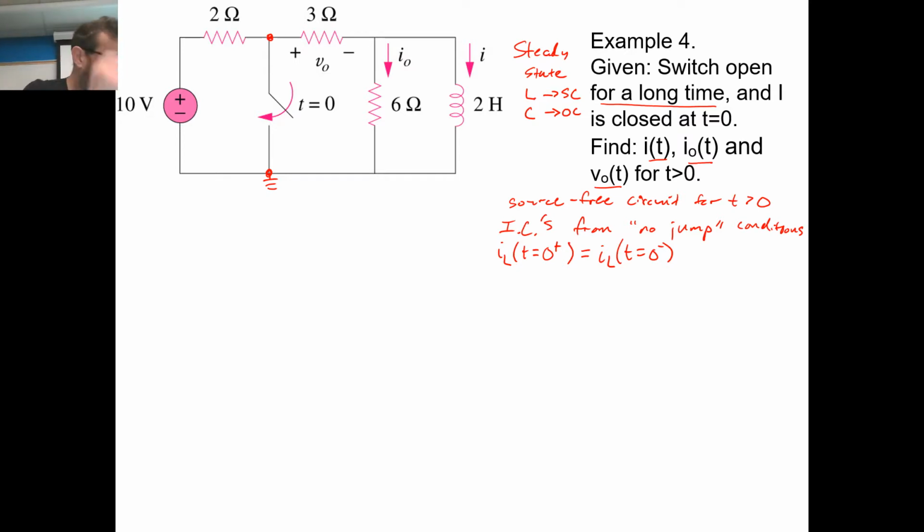So we know that i of t, if it's source free for t greater than 0 plus, takes the form I naught e to the minus t over tau, and that's true for t greater than 0. So what do we need? We need to find both I naught and tau.